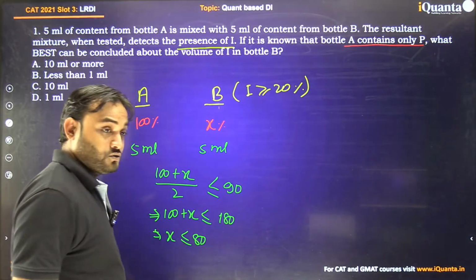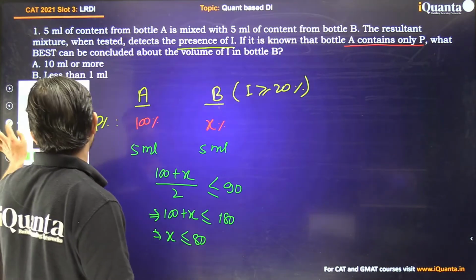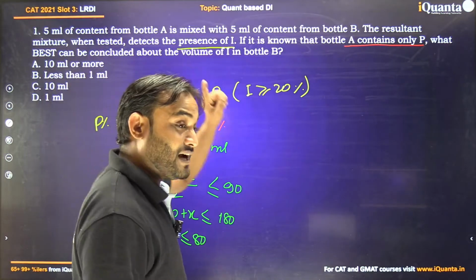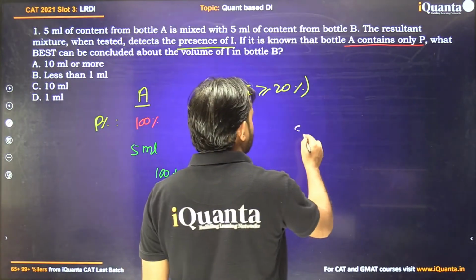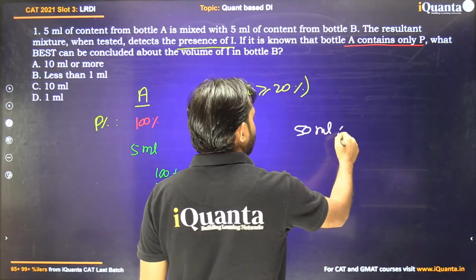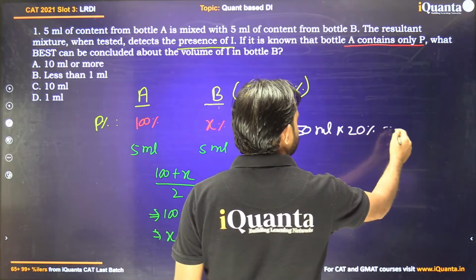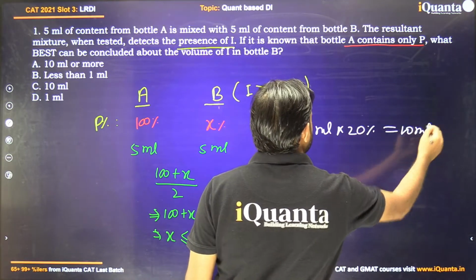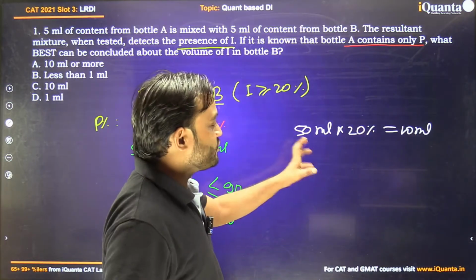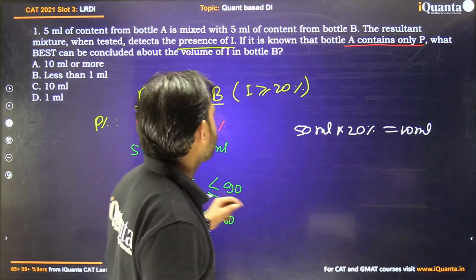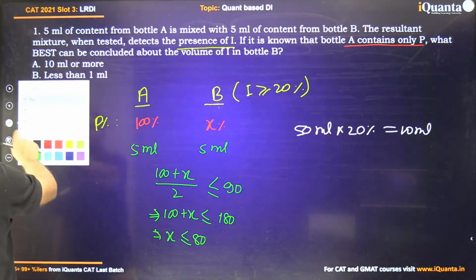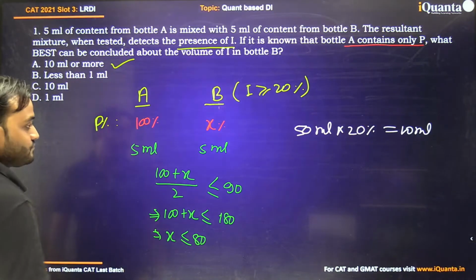Now what's the volume of bottle B? It's given initially that it was 50 ml, right? So 50 ml into 20% is 10 ml, right? Can we say the least impurity must be 10 ml? So the answer is option A, 10 ml or more.